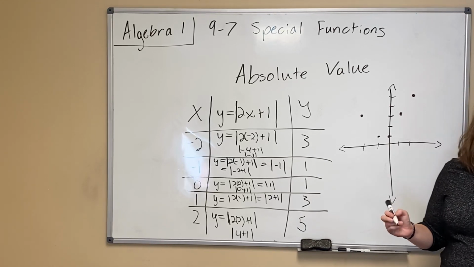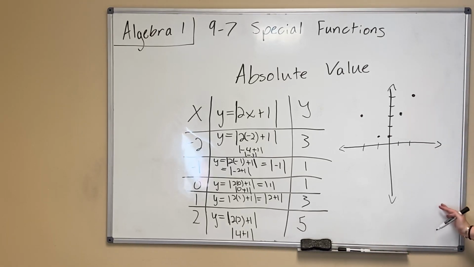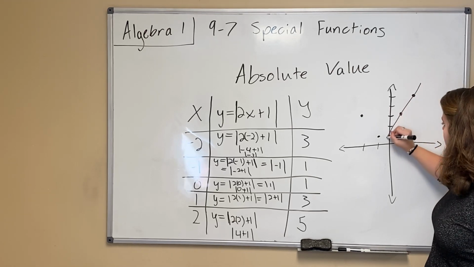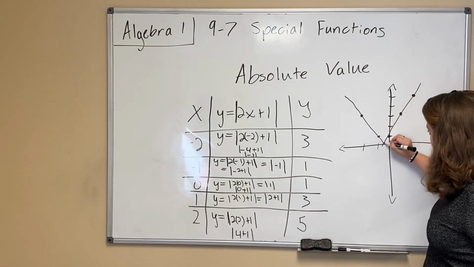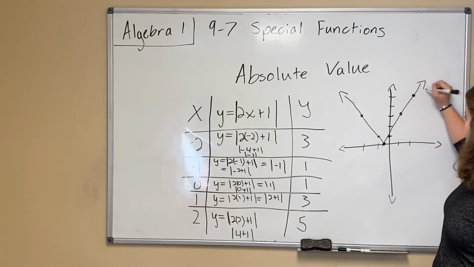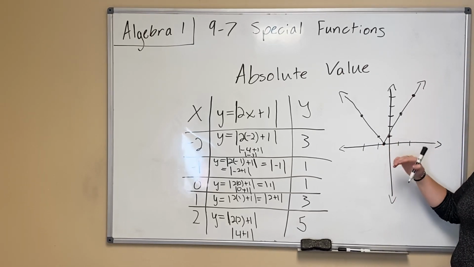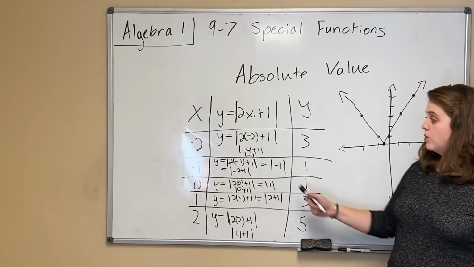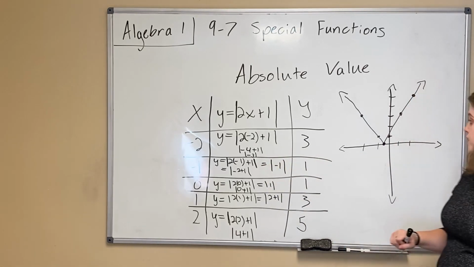Okay, so these points at first glance look a little bit all over the place, but what you'll find with an absolute value equation is that they should all make a V like this. They're going to touch our x-axis, but they'll never have any negative values, because when we take the absolute value of something, it's always positive.